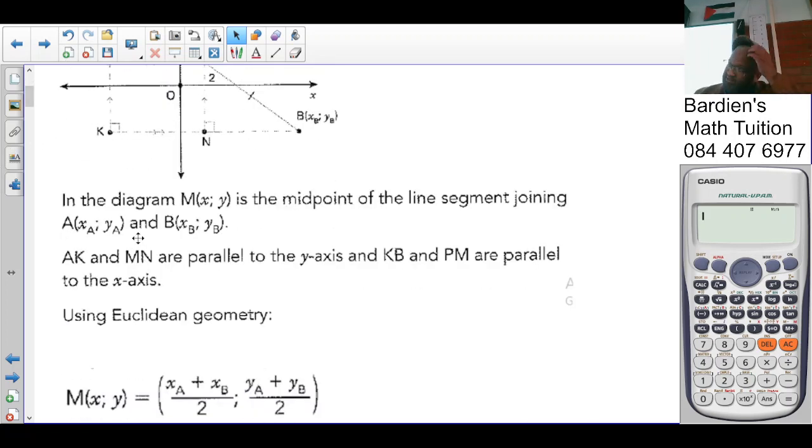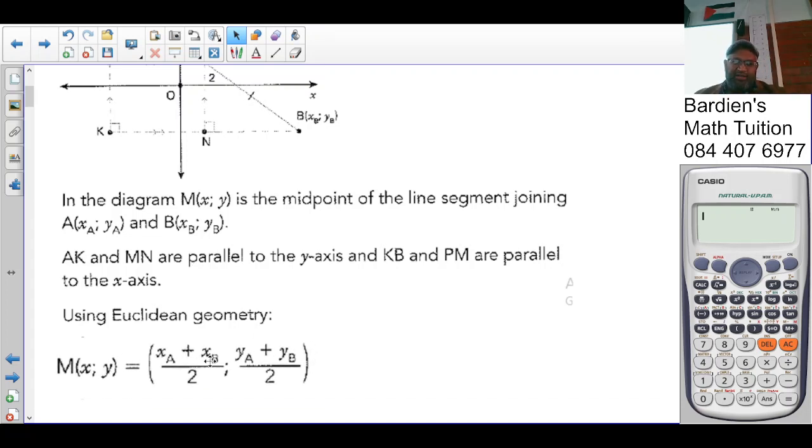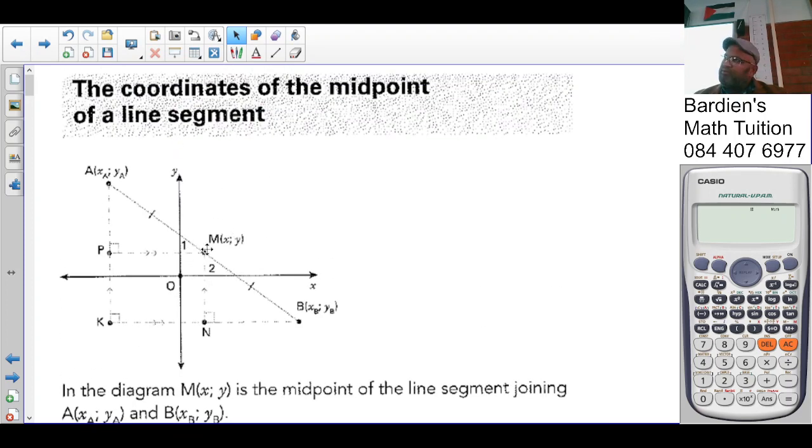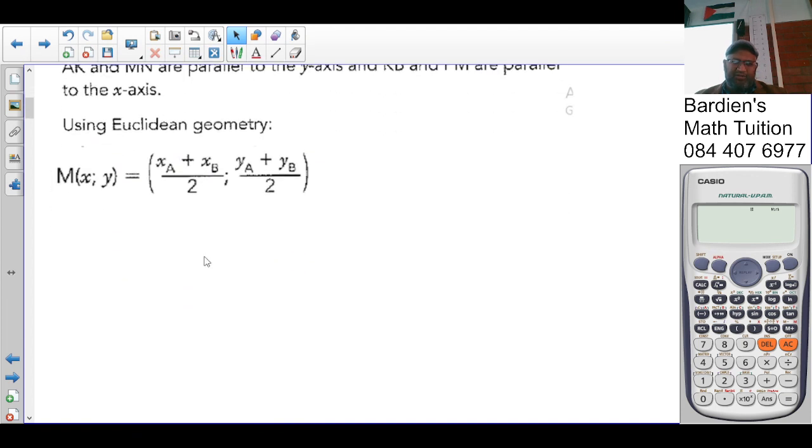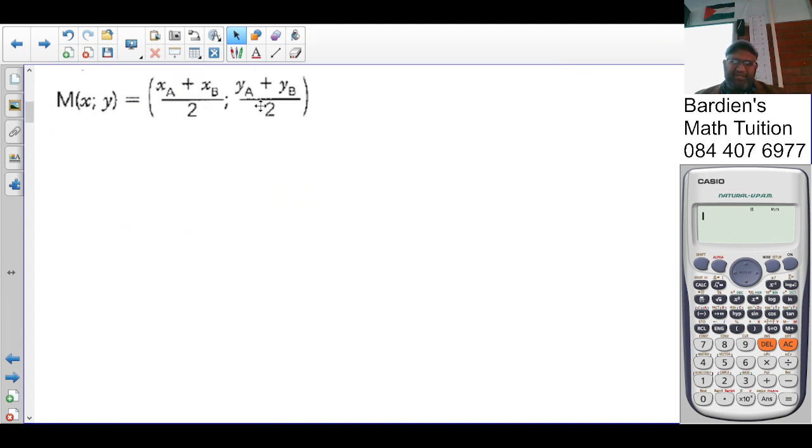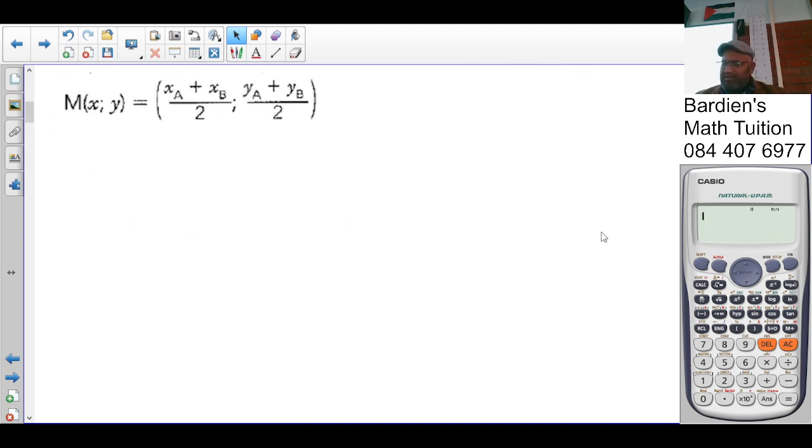Using Euclidean geometry, they have proven how they landed up with this formula. So I need you to write this formula down: the midpoint (x, y) is equal to (xA plus xB) over 2 and (yA plus yB) over 2. That's the formula there.